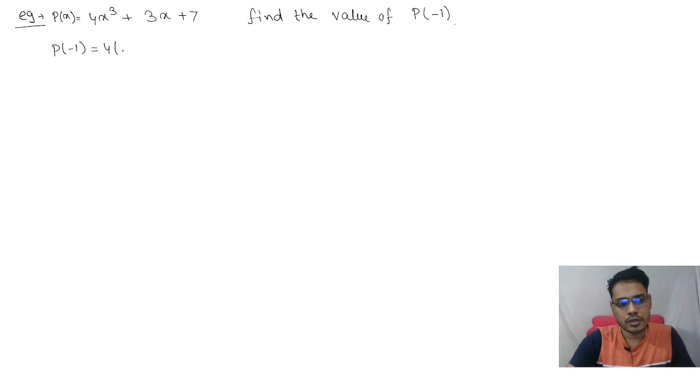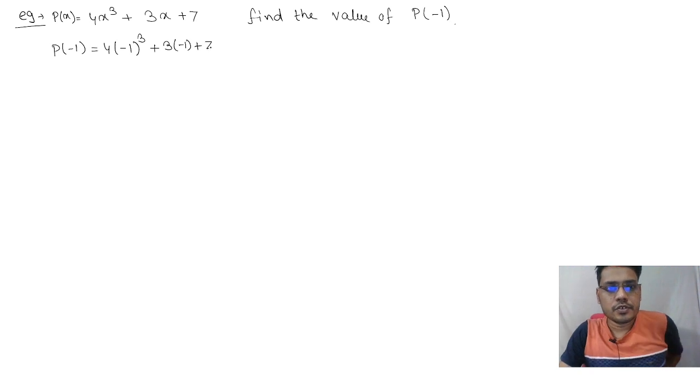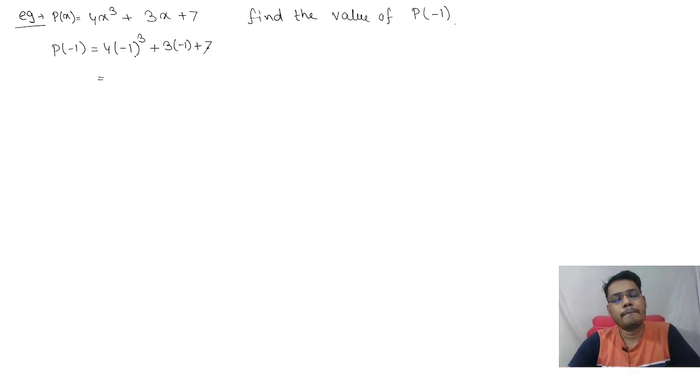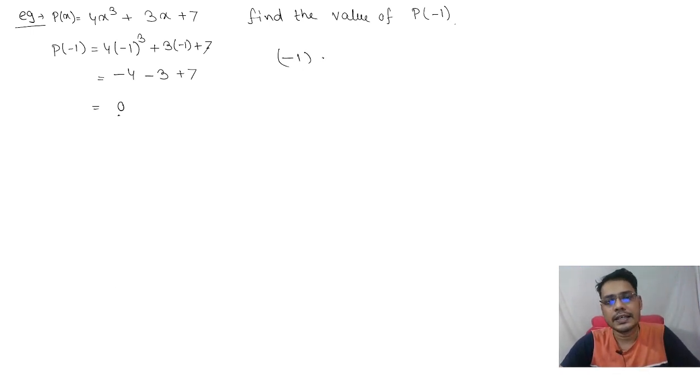It will be 4 times (-1) cubed plus 3 times (-1) plus 7. So it will be (-1) cubed, that is minus 1, times 4, minus 4. Here 3 times minus 1, minus 3, plus 7. So what is its value? Its value is 0. That means we can say minus 1 is the zero of the given polynomial.